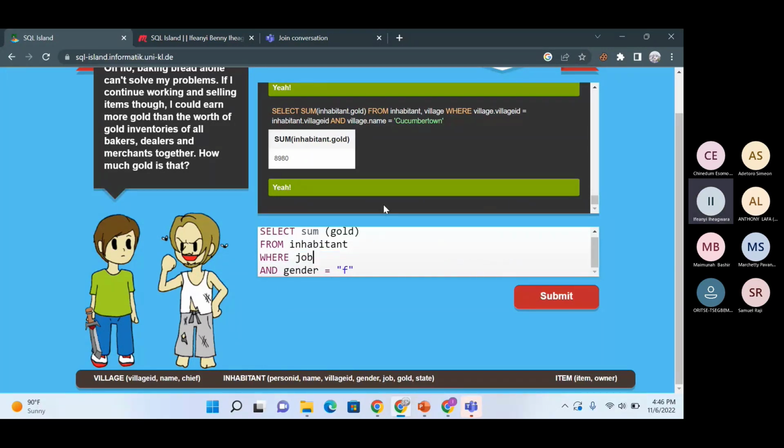So where job is equals to baker, or the person's job is also maybe a dealer, or the person's job is also equals to a merchant.